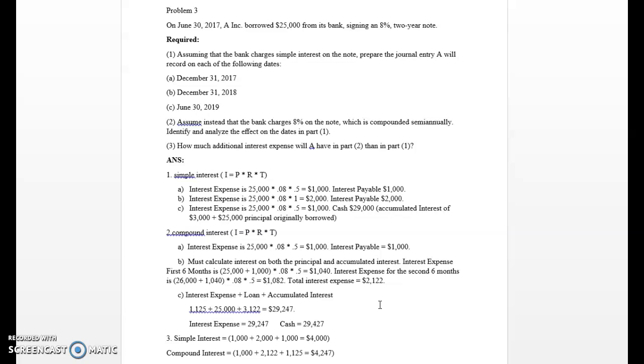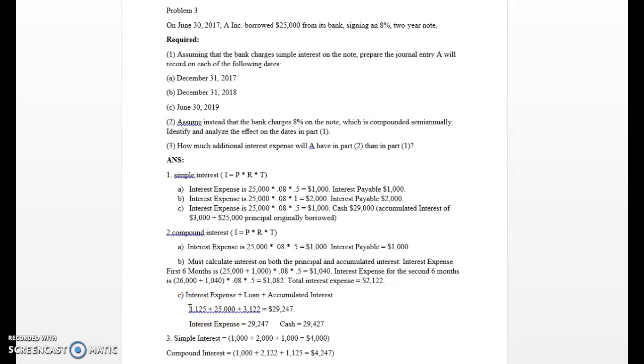And then Part C, for June 30th, 2019 for compound interest. In this case, basically rewriting the formula, we're going to be doing interest expense plus the loan that we borrowed from the bank plus our accumulated interest for the 2-year note, like total. So our interest expense for the next 6 months of December 31st, 2018 to June 30th, 2019, using the same type of formula we used in the previous parts of A and B. You just got to continue adding on the accumulated interest and interest expense.